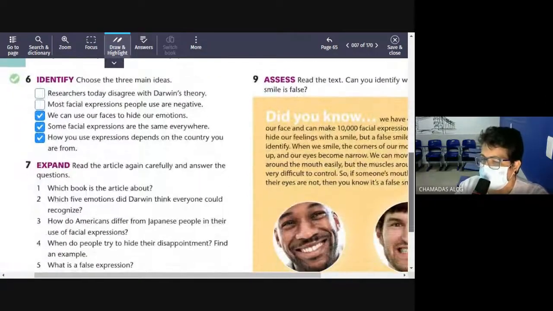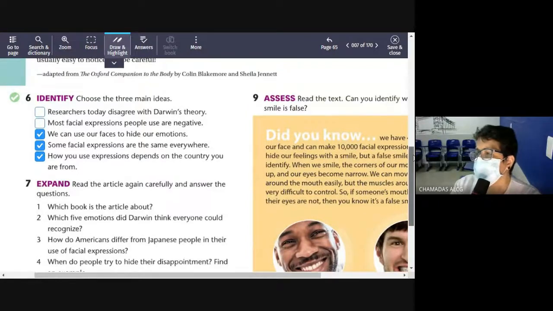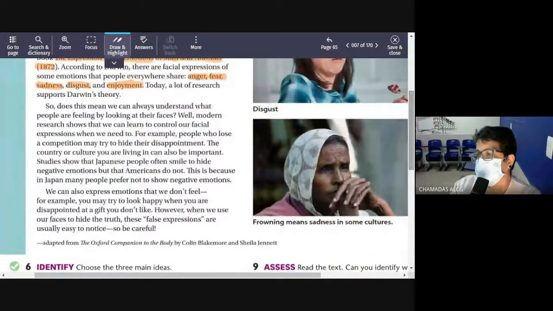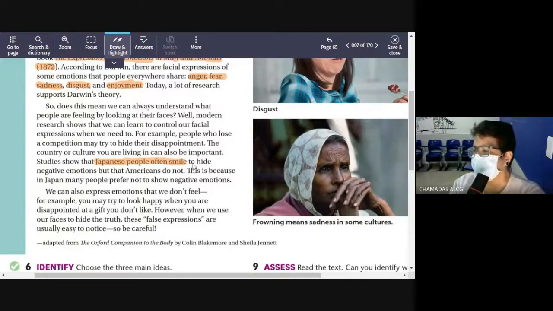Now, how do Americans differ from Japanese people in their use of facial expressions? It's right here. The Japanese students often smile, but Americans do not. Yeah, they often smile. That's true.